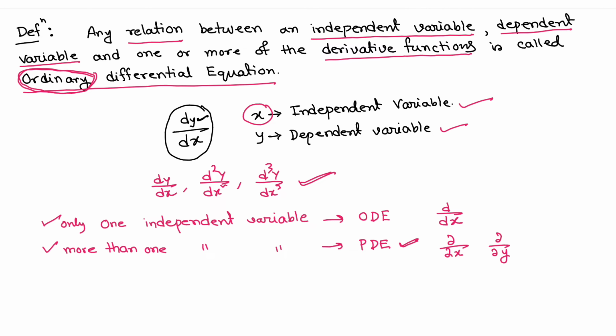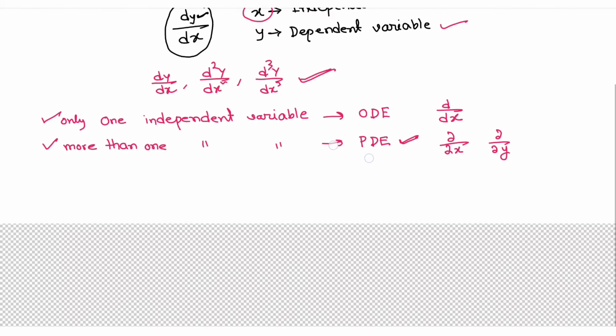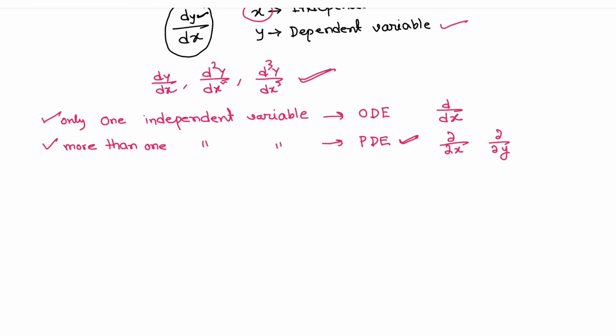Clear? So what will be an example of an ordinary differential equation? Suppose I am writing dy/dx equals to, let's say, any constant k. Here the left hand side is the derivative of y with respect to x.